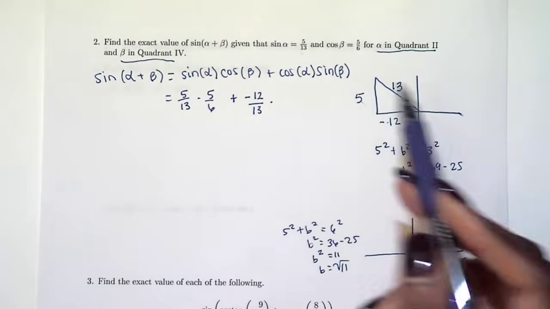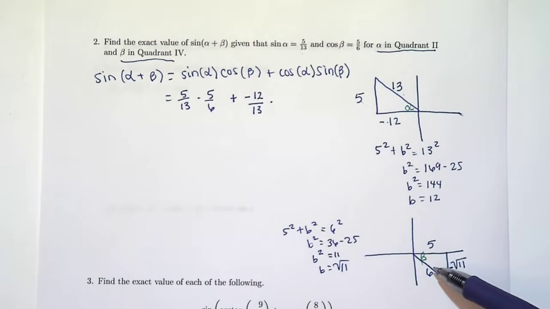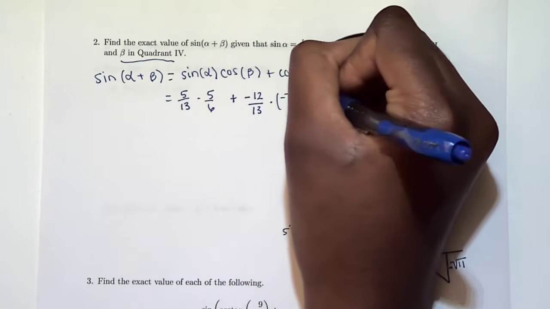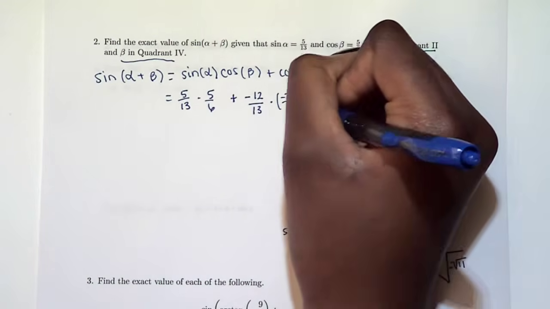And then sine of beta, so we're back down with this one. That is root 11 over 6. And sine is negative in the fourth quadrant, so it's going to be negative root 11 over 6.